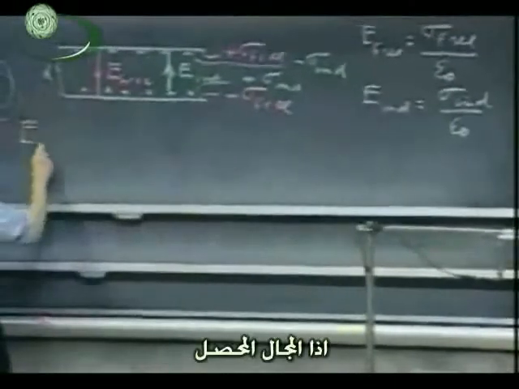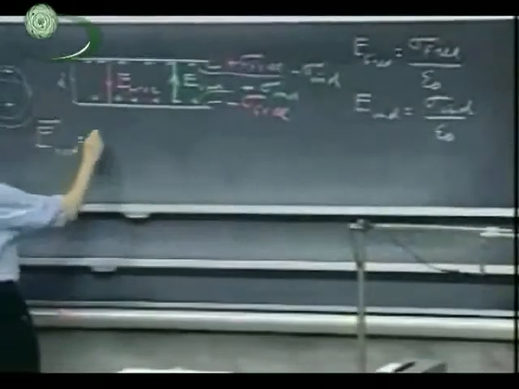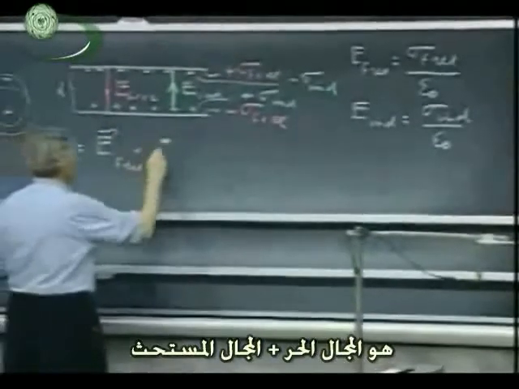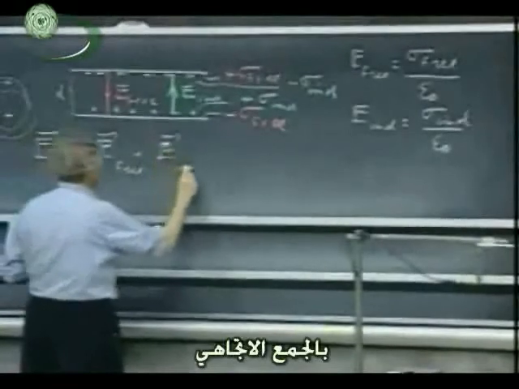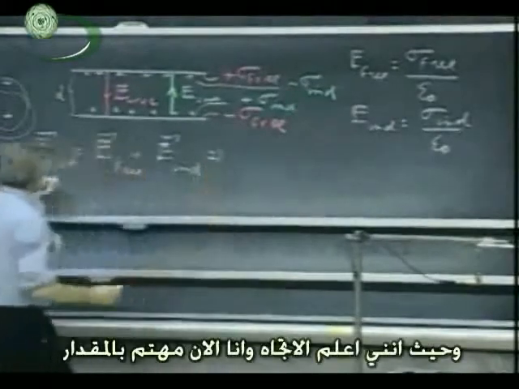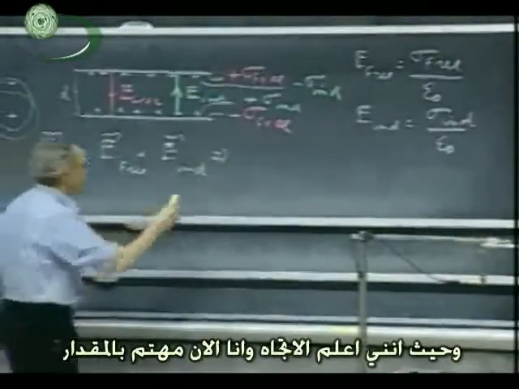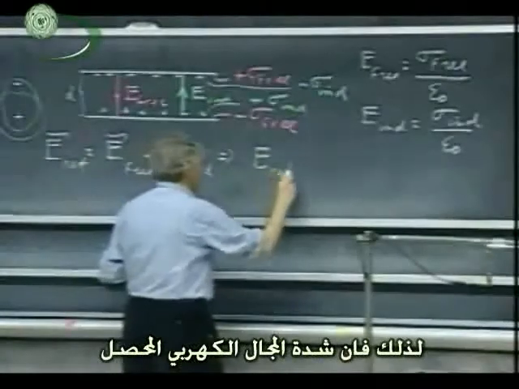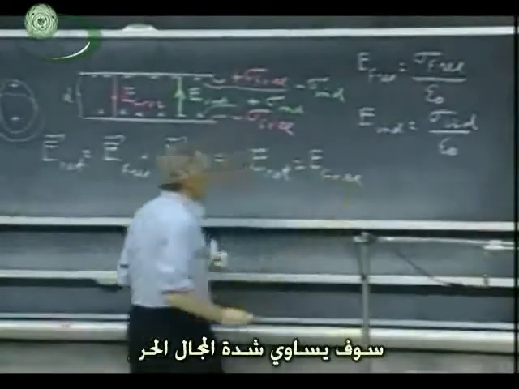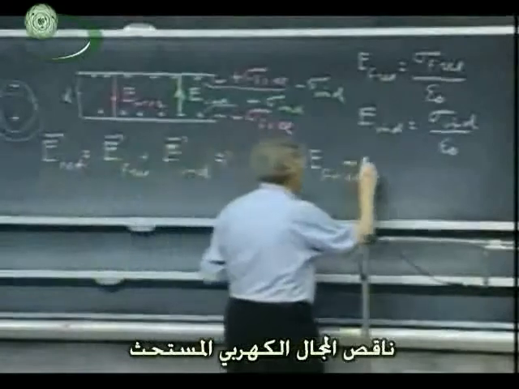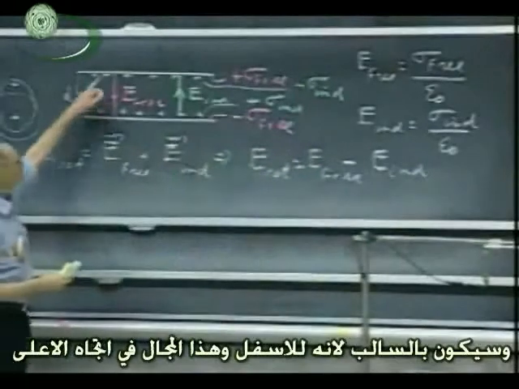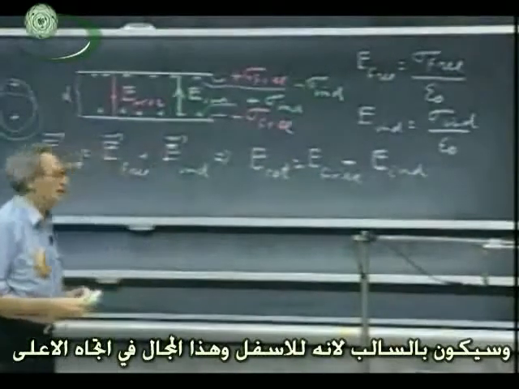So E net is E free plus E induced, vectorially added. Since I know the direction already, and I'm interested in magnitudes, the strength of the net E field is going to be the strength of the E field created by the so-called free charge minus the strength of the E field created by the induced charge. Minus because this E vector is down and this one is in the up direction.